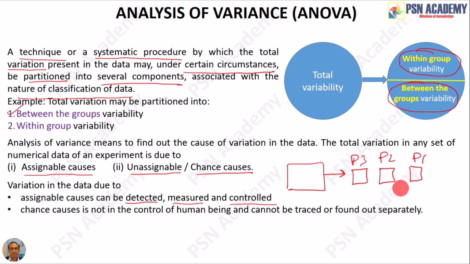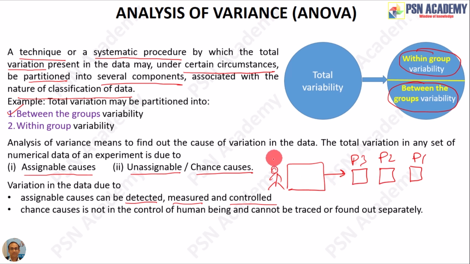There must be some variation between weights of these individual packets, right? Now if we can detect the cause of this variation, say for example the operator is a new operator, not an expert, and he may do something wrong with the operation of this machine. For that there may be a variation in the packets, right?